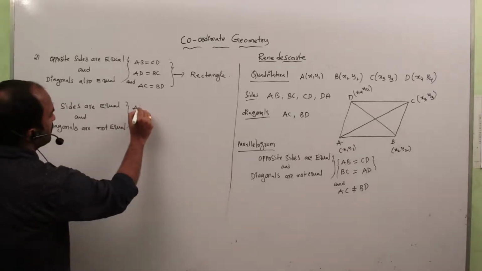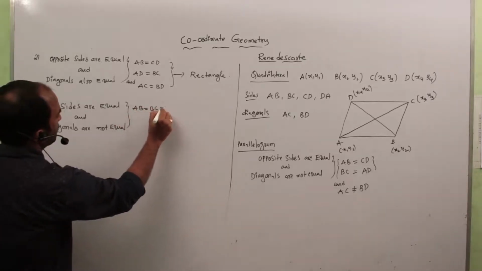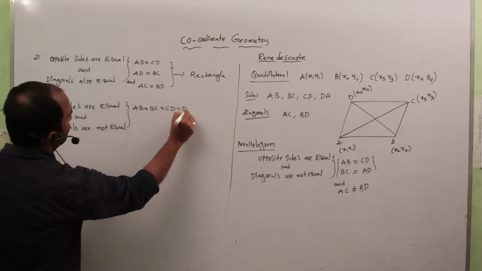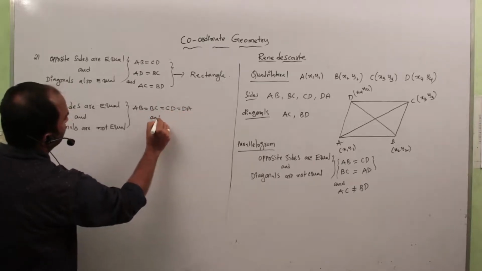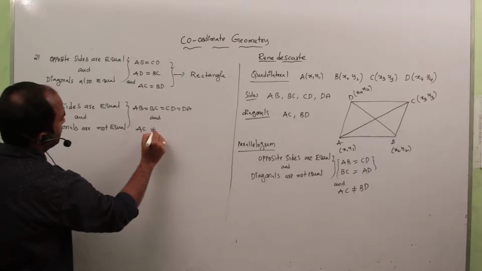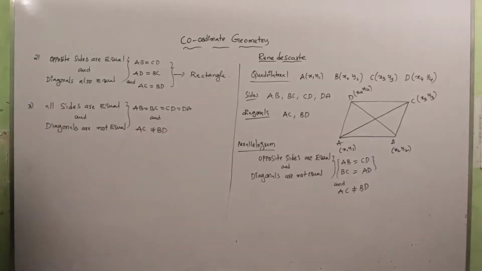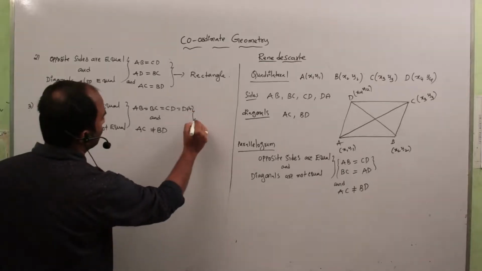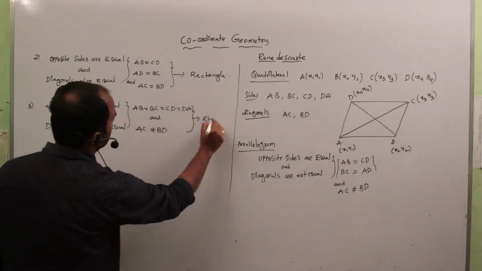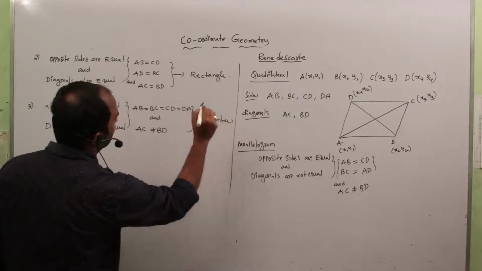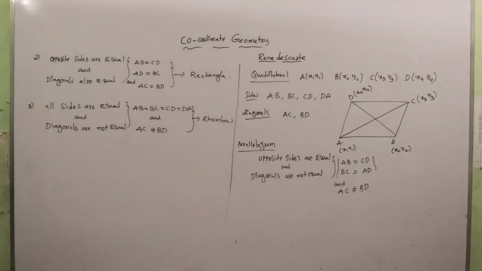That means AB is equal to BC is equal to CD is equal to DA, and diagonals AC is not equal to BD. Then we conclude that this is called a rhombus.